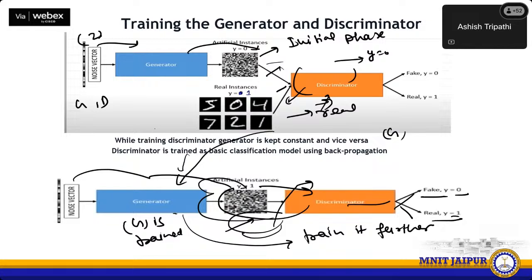And as soon as for fake it says 1 and for real it says 0, then we'll stop this process of training the generator and move on to the discriminator. That means we are able to fool this particular discriminator model.